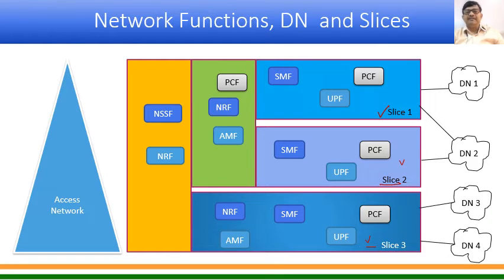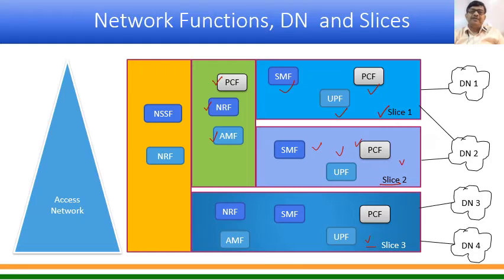What you see is that inside the network slice there are certain network functions. Here I have user plane function, policy control function, session management function inside this slice. Slice 2 also has the same network functions. There are network functions which are common to these two slices: PCF, network repository function, access and mobility function.